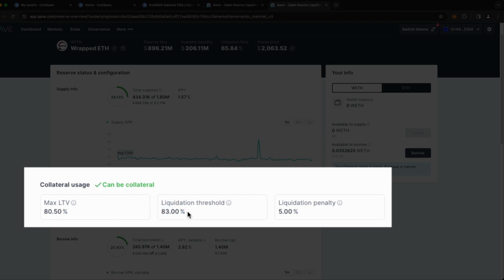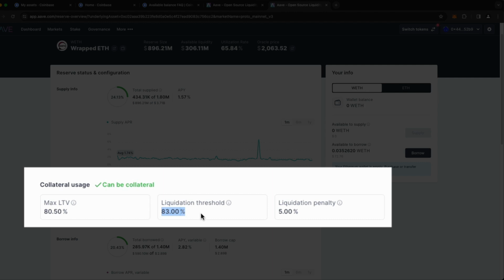And since Ethereum can fluctuate in value, if we borrow it and it fluctuates in value compared to what we have as collateral, and it reaches that threshold, meaning Ethereum goes down in value, and now we're holding 83% of what we borrowed compared to what we have as collateral, the price goes down and now we get liquidated because we have less value. We borrowed and we lost the value, and it's going to take what we put up as collateral.